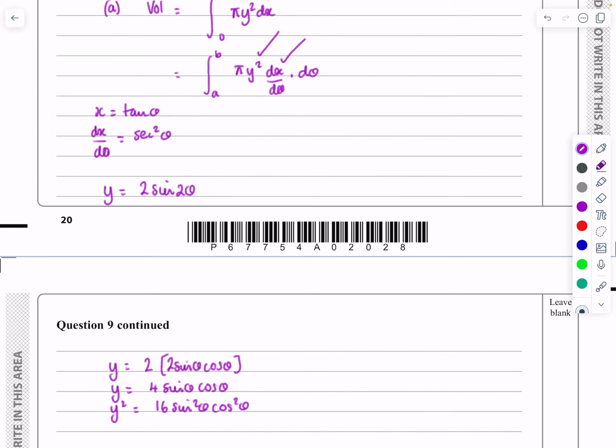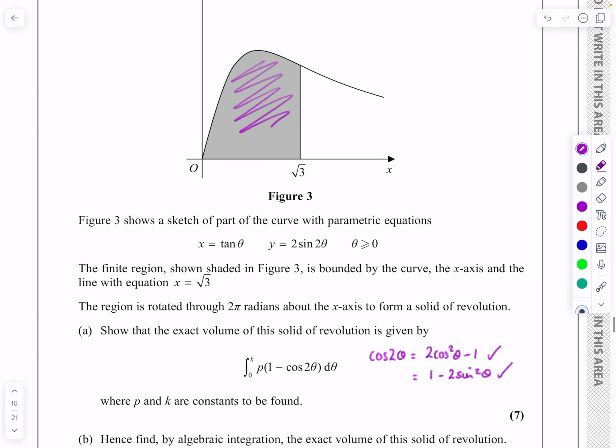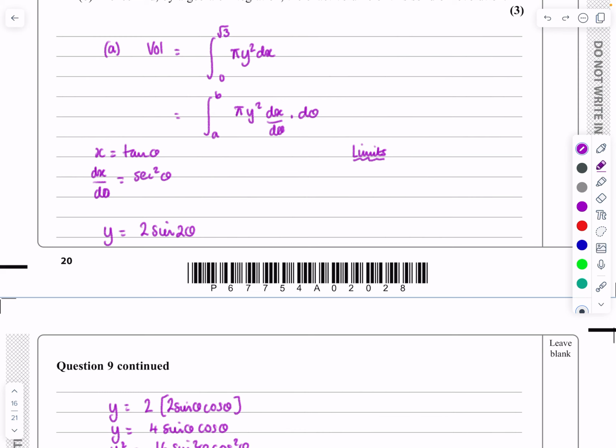I haven't worked out my limits yet. Now, I'm a creature of habit. I always tend to put the limits over here when I'm doing it, so I'm going to do that for this one as well. What are my limits? Well, going back to this, I've got x being root 3 and x being 0. So I just need to work those out.